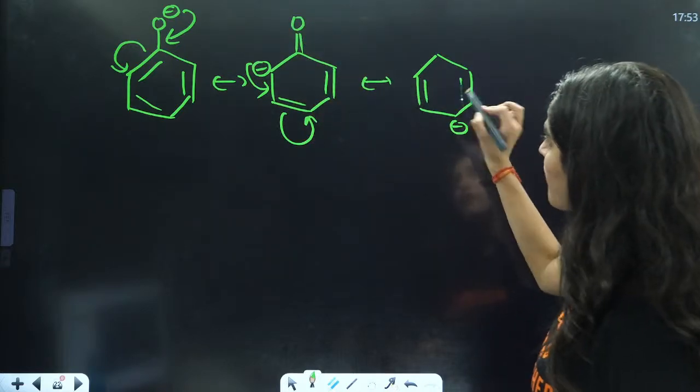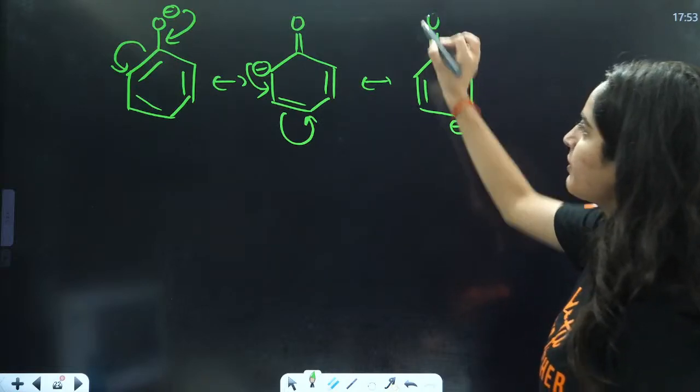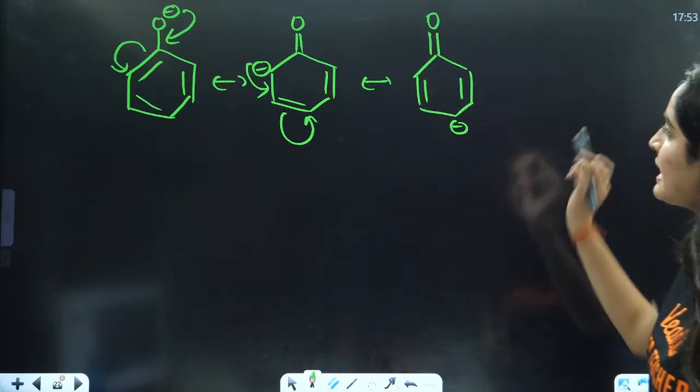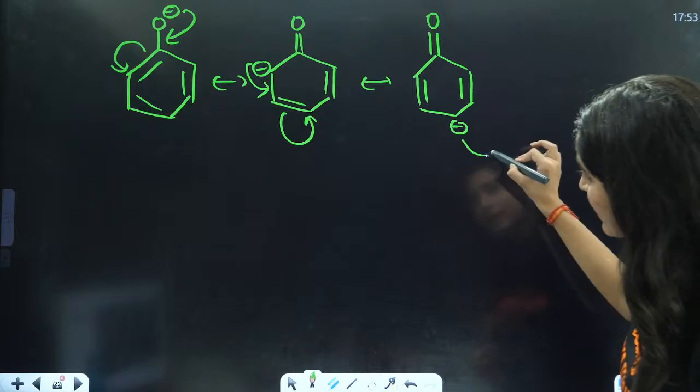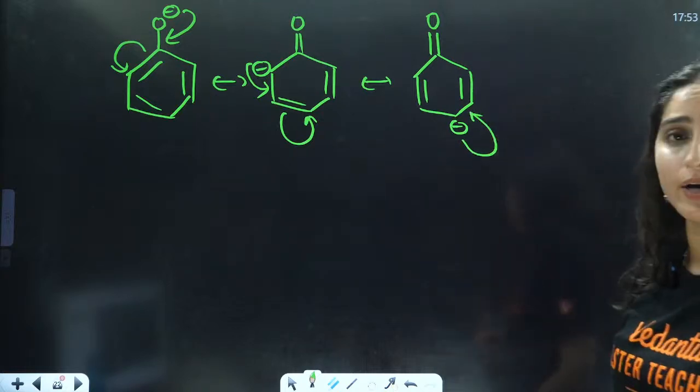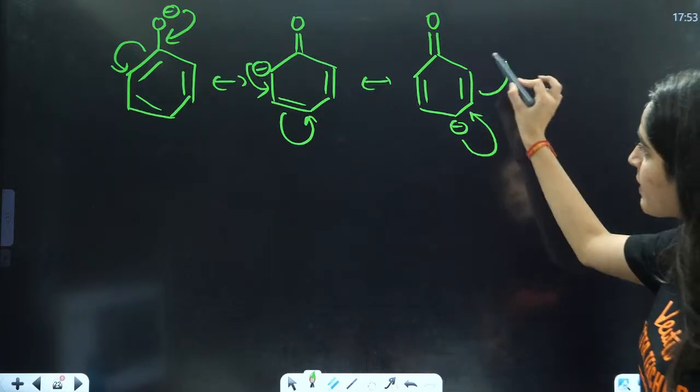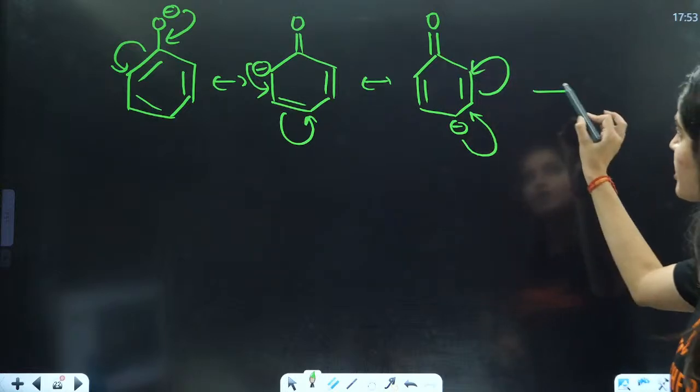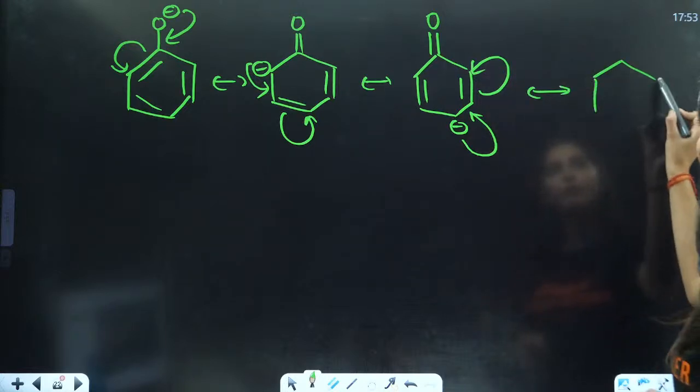Here already you have a double bond, and here you have a double bond O, right? Next, this negative charge is converted to a double bond. This double bond is converted to a negative charge.